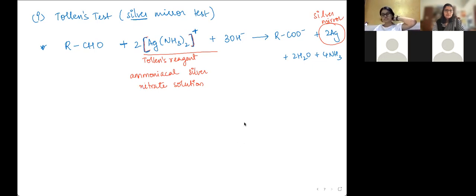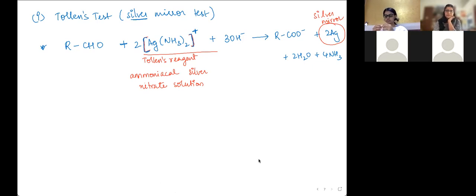Once you've noted it down, I'll show you the visual of it, like what it looks like. Done, ma'am. Okay. So the silver mirror test is used to test for aldehydic groups. Ketones don't give it readily, because you need that oxidation to see it.